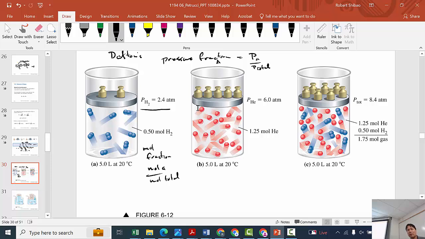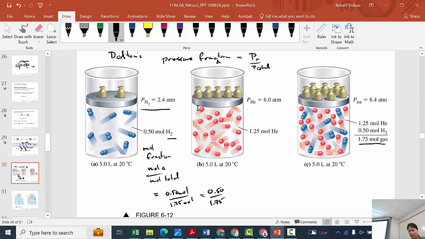So let's go ahead and calculate the mole fraction first. The mole fraction is going to equal 0.50 moles of hydrogen over 1.75 moles total. We can simplify that.